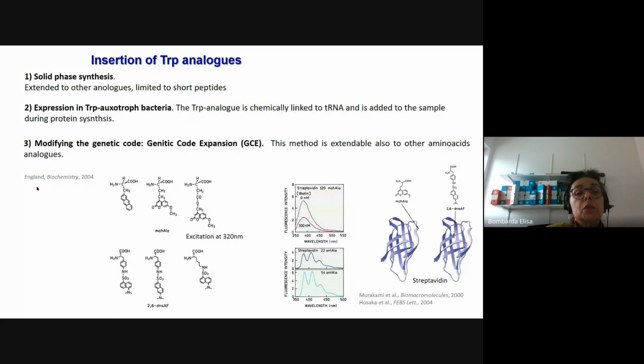Okay, so yes, they are non-natural amino acids, though. So how can we do it? It's not so easy. We cannot just mutate the protein as normally, when you just change a natural amino acid.